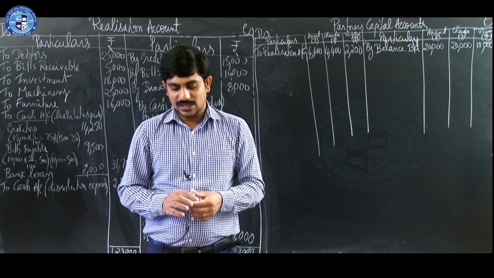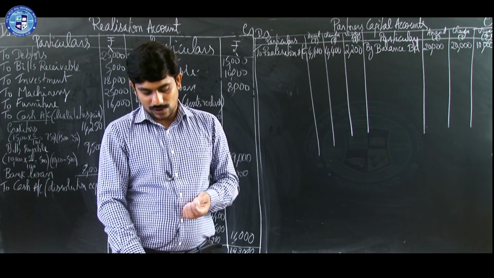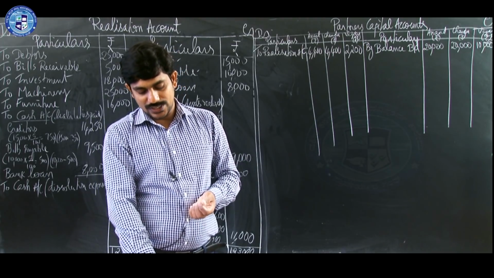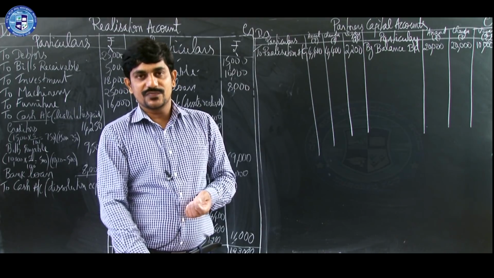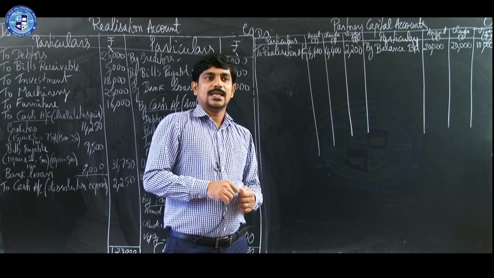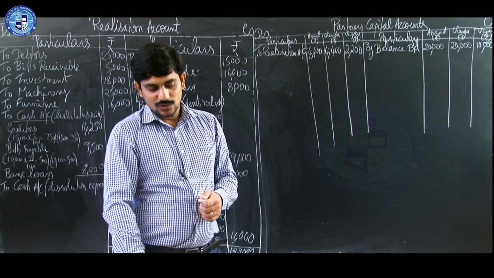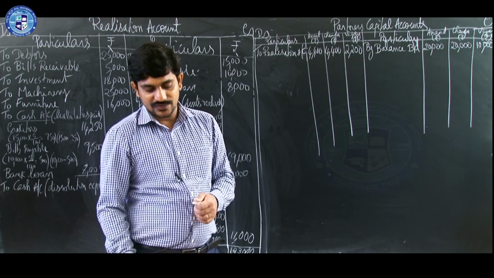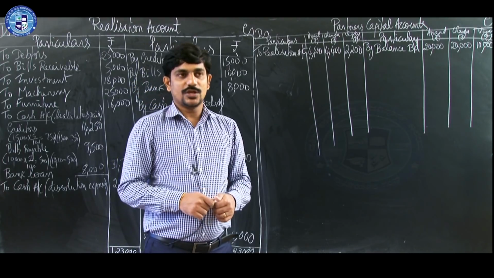Let us go to the balance sheet and find out whether there is any reserve or profit and loss account. There is no reserve in the problem, but there is a profit and loss account. It is given under the liabilities side. How much is given? 22,000.